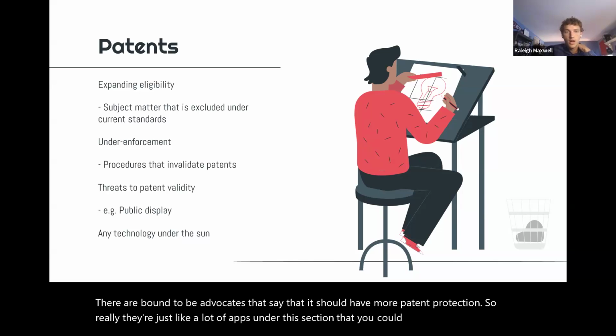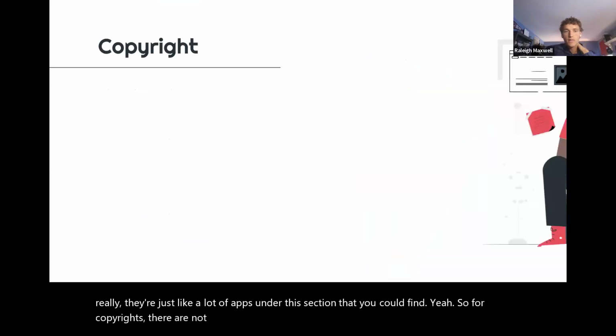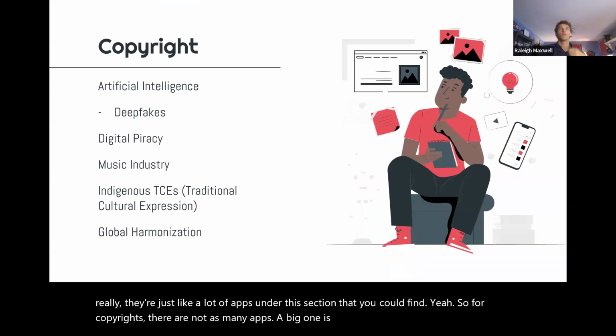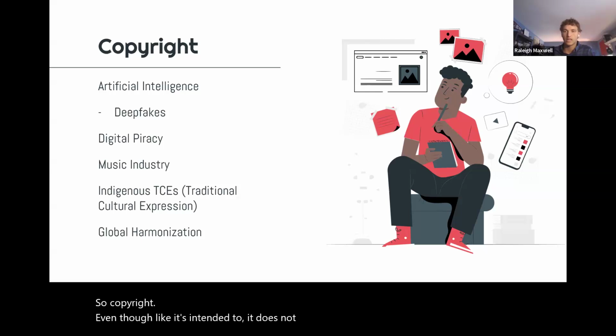So for copyrights, there are not as many apps. A big one is artificial intelligence. A lot of the large language models operate under what we call the fair use exception. Copyright does not mean that nobody can ever use a work without permission.